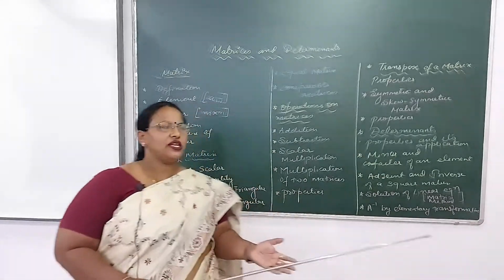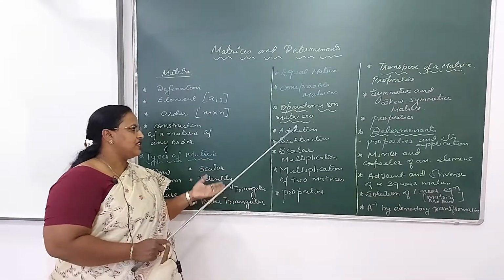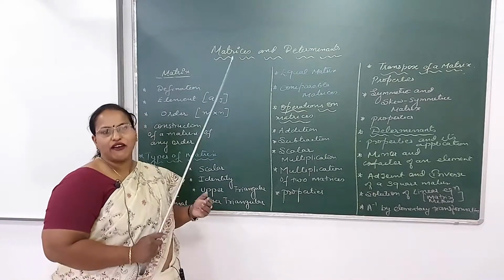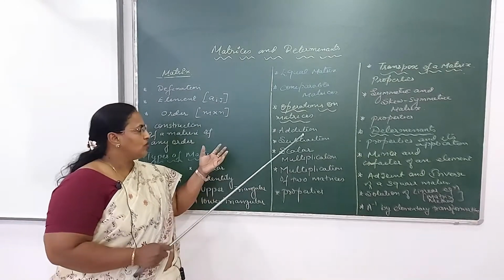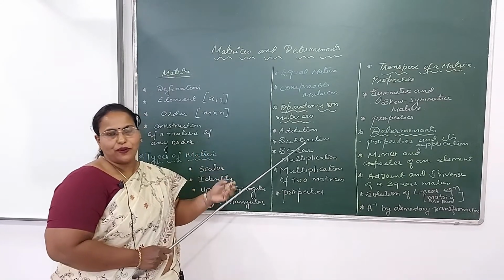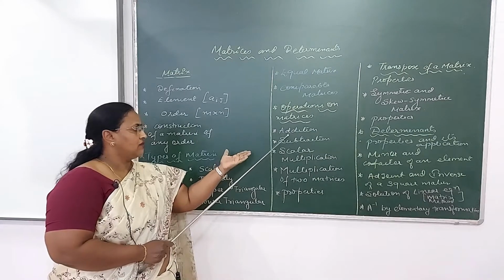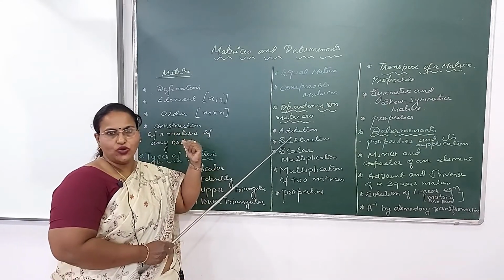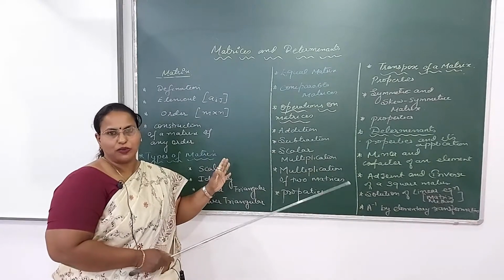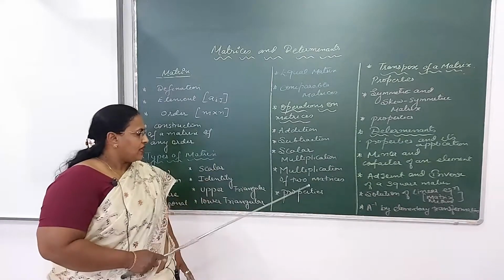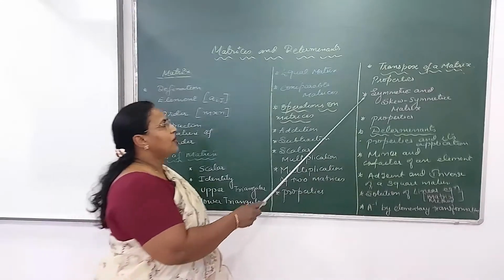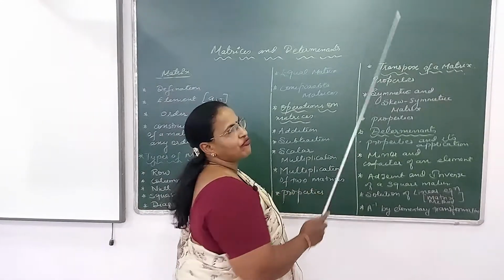And various properties based on subtraction, addition, scalar multiplication, multiplication of two matrices we have done. Like addition, it holds commutative property, distributive property, associative property, existence of identity, existence of inverse, all I have explained. Okay. Now properties based on all these we have done. The next important topic is transpose of a matrix.